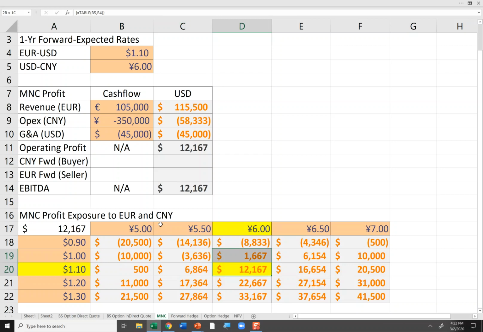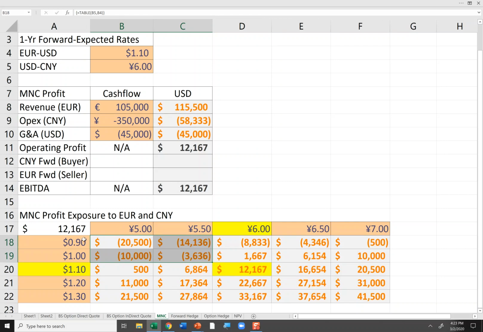And their exposure is to a devaluing euro. So it makes sense. If the yuan is getting more expensive and they're buying that labor, it's going to cost them more. However, their euro revenues of 105,000 are going to be worth less and less dollars if this exchange rate falls. So their biggest exposure is this area of the grid right here, which is a devaluation of the yuan. It's an indirect quote. That's why the number's going down.